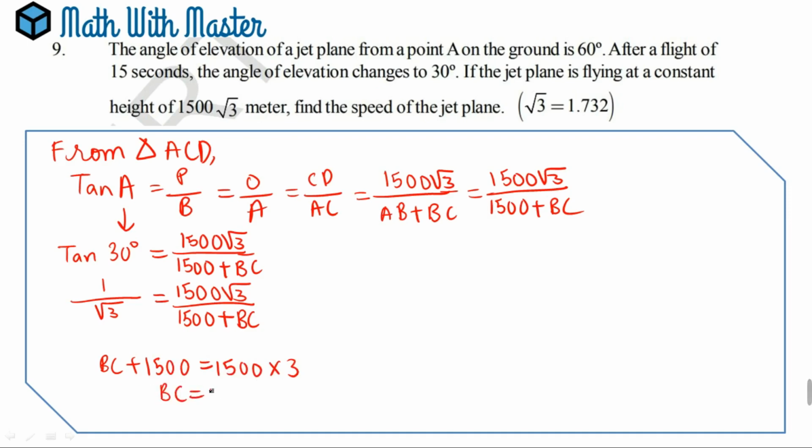After this, BC is equals to 4500 minus 1500, which is equals to 3000 meters.